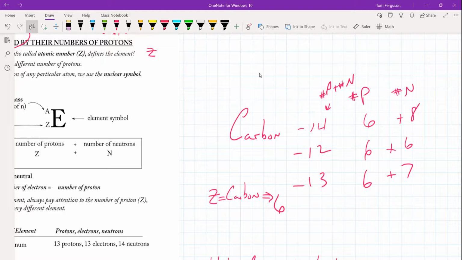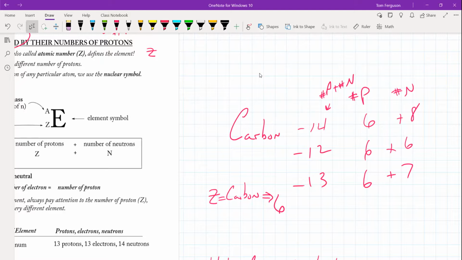Because why? It's carbon-14 because it has 6 protons and 6 electrons. Now I'm going to talk about chemistry in a minute with electrons, because the whole chemistry of an atom is determined not by its protons, but by its electrons. So carbon-14 and carbon-12 both have 6 electrons.